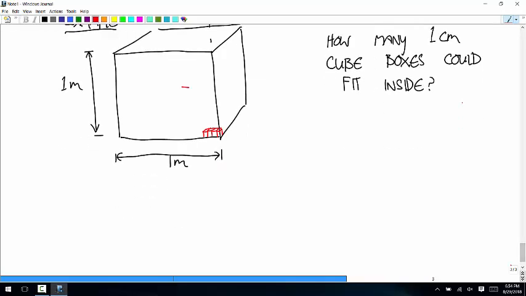So you can think of it as a conversion from 1 cubic meter to cubic centimeters. So your starting quantity is going to be 1 meter cubed, and you're going to want to convert that to cubic centimeters, using the fact that 1 meter is 100 centimeters.